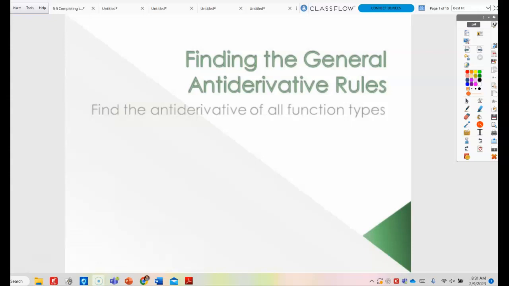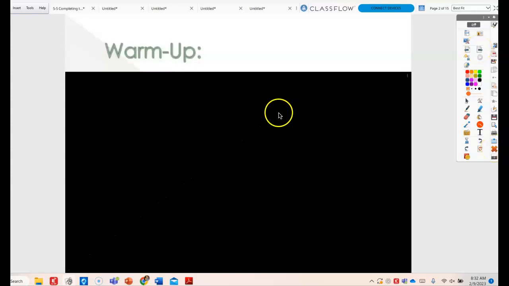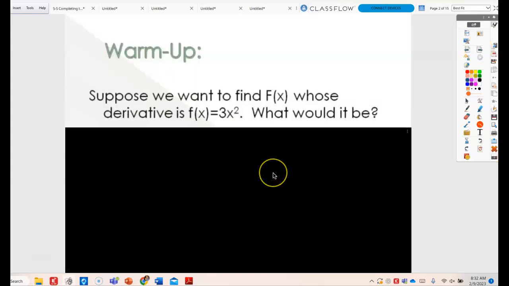Now we're going to pretend that we want to find this function that could live anywhere in the universe over any particular bounds. So suppose we want to find f of x dx, whose derivative is 3x squared.